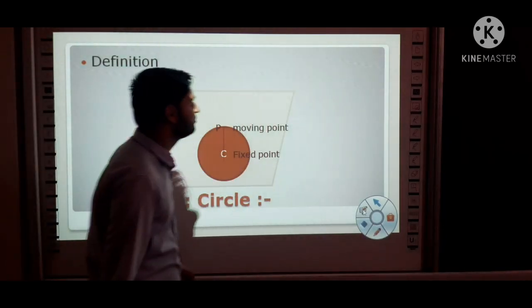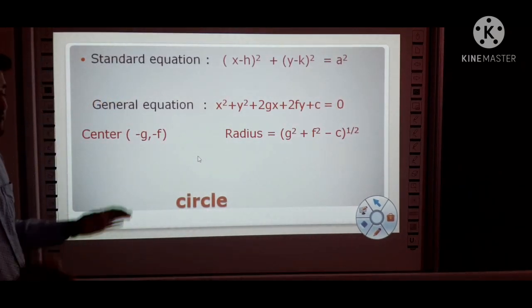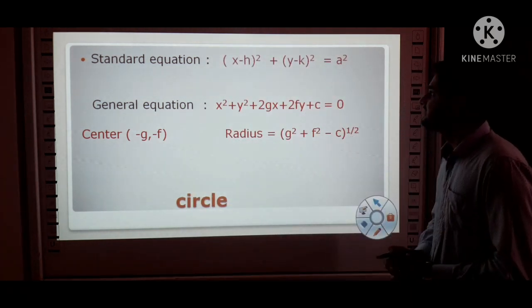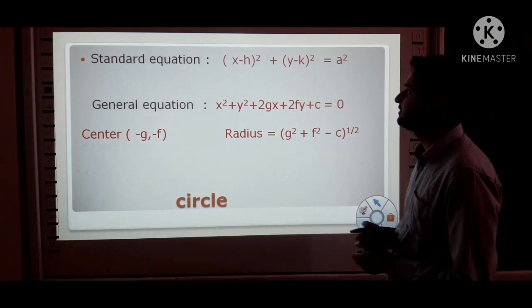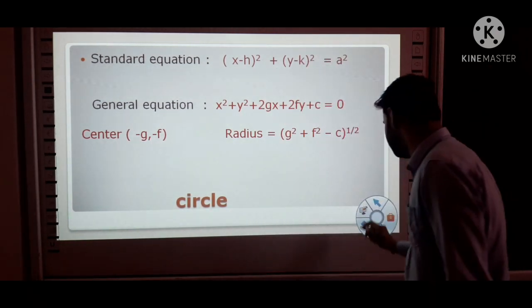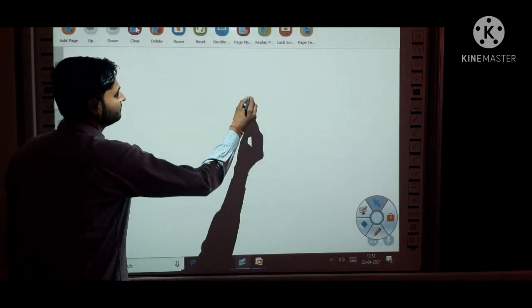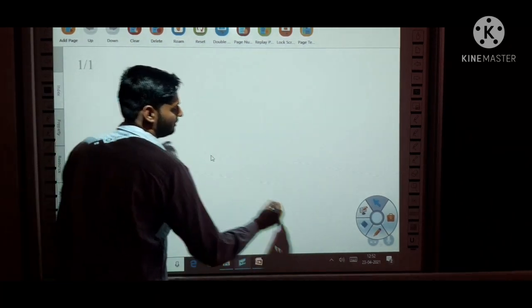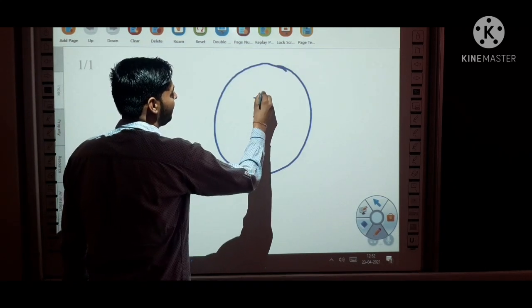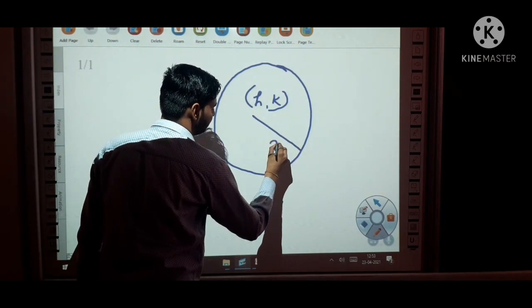Now let's turn to the second point, that is, what is the standard equation of circle. The standard equation of circle is (x minus h) whole square plus (y minus k) whole square is equal to a square. Let us remember this. We have a circle having center (h, k) and radius a.